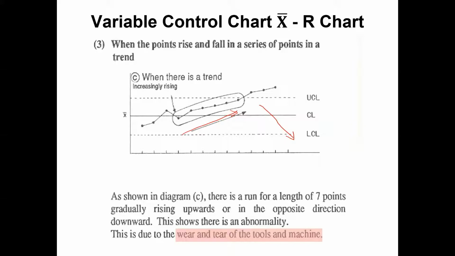And the root cause or the action required for this type of trend is basically to look into the tools used on the machines. This trend most likely is caused by the tools on the machine being worn, or towards the end of the line, and the action required is to change the tool or change the spare parts of the machines. Okay, this is rule number 3 of Shewhart.